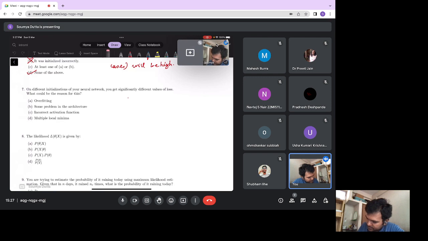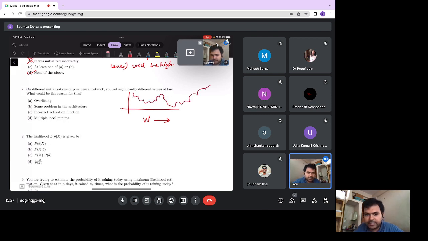Let's say I have just a single weight, I vary that weight, and the error of the neural network goes like something like this. Maybe it can be arbitrarily complex. Neural networks can generate very complicated error fields which may not even be convex. So this is not a convex curve, right?